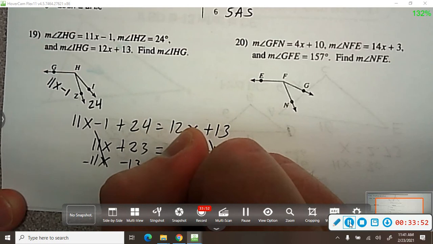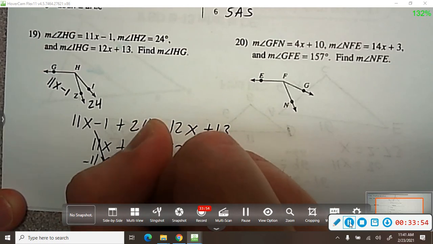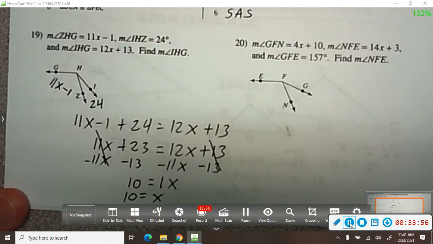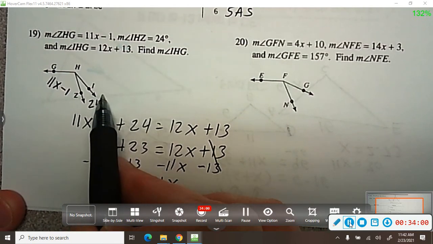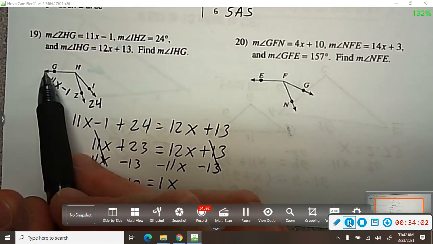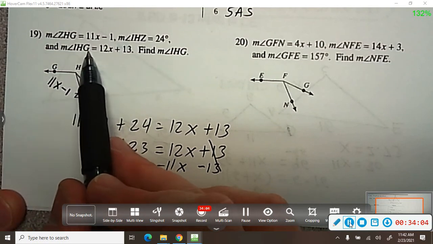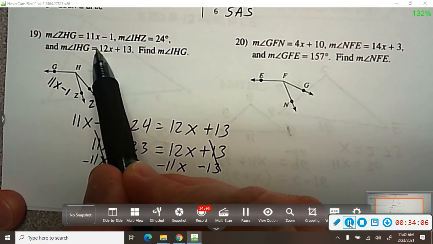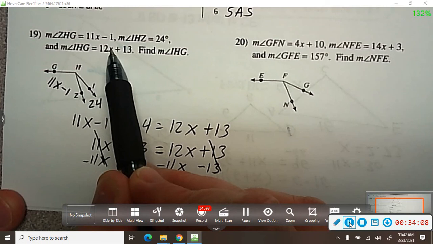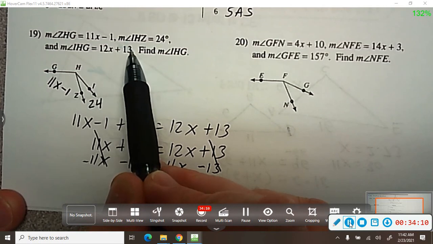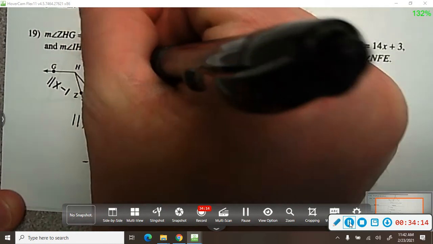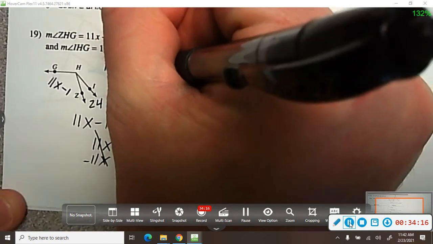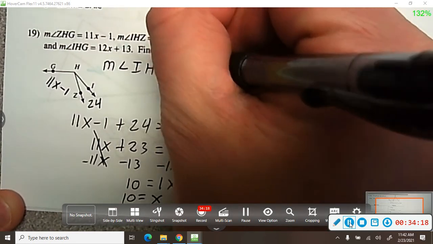So x is 10. They didn't ask me to find x. They said find the measure of IHG. Here's my formula. So I would need to take 12 times 10, 120, plus 13, be 133. So the measure of angle IHG is 133.